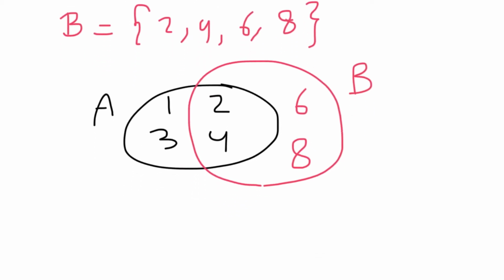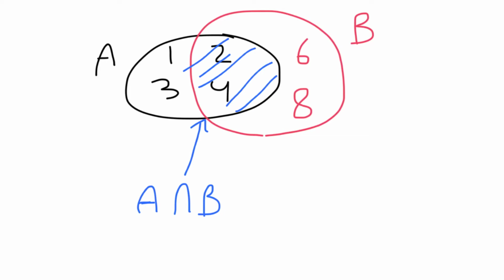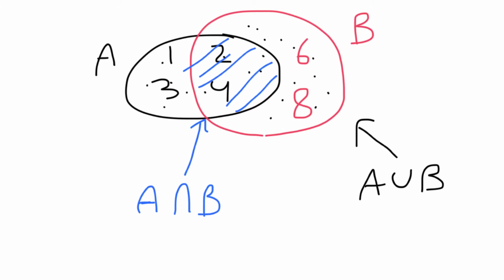So if you want to shade, suppose I ask you for the intersection first, A intersection B. Okay? It will be only this region here, this one. But if I ask you for the union, A union B, it's going to be everything. I'll just make it dotted here, just to show that the union will include all the elements.